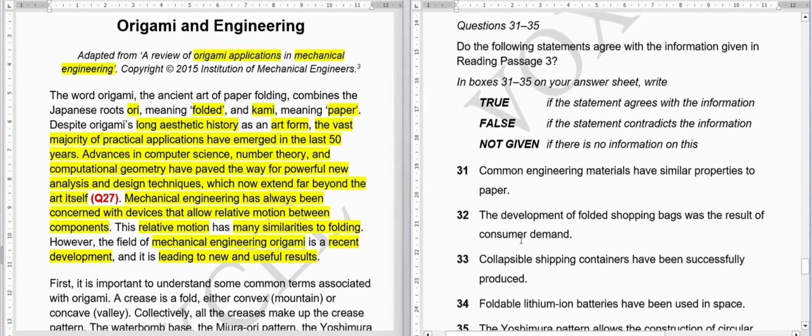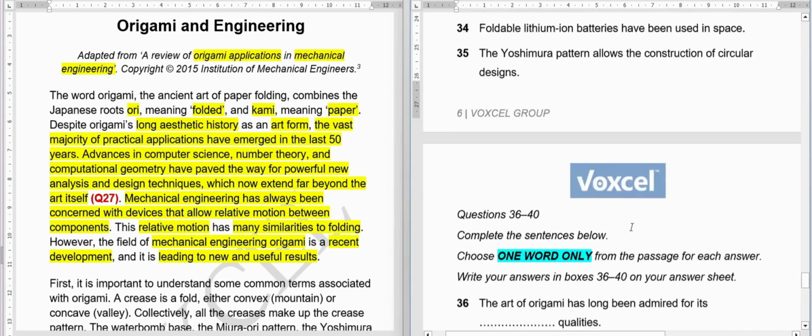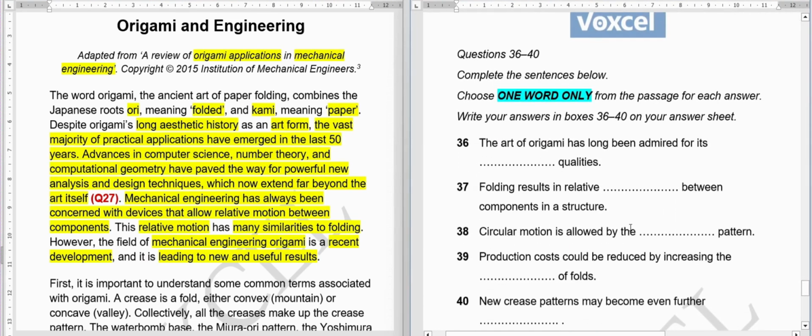Now moving on to true, false, not given. 31. Common engineering materials have similar properties to paper. Have we read anything about that? Common engineering materials, properties of paper? No, we haven't read anything about it, so obviously this is not our location. 36.